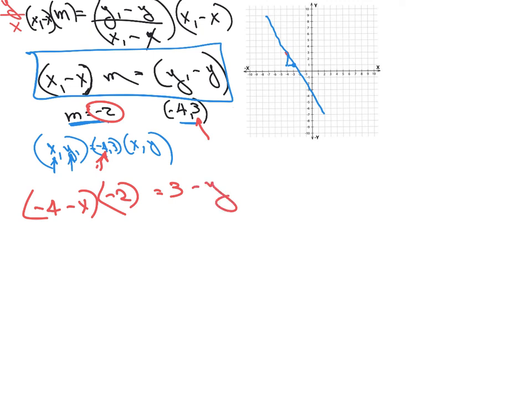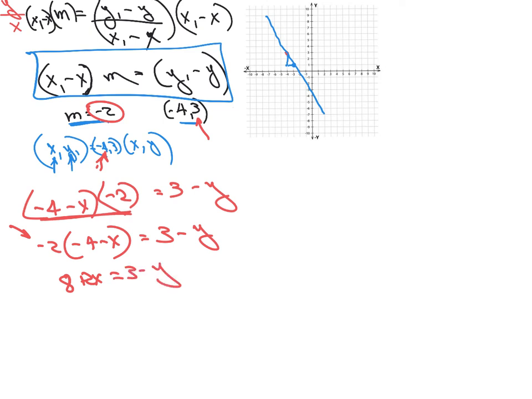So I'm going to switch these around: -2 times -4 minus x, so that I have just one number there in front. There's nothing wrong with the way I did it before, but it's easier to distribute. So -2 times -4 is 8. -2 times -x is plus 2x, equals 3 minus y.